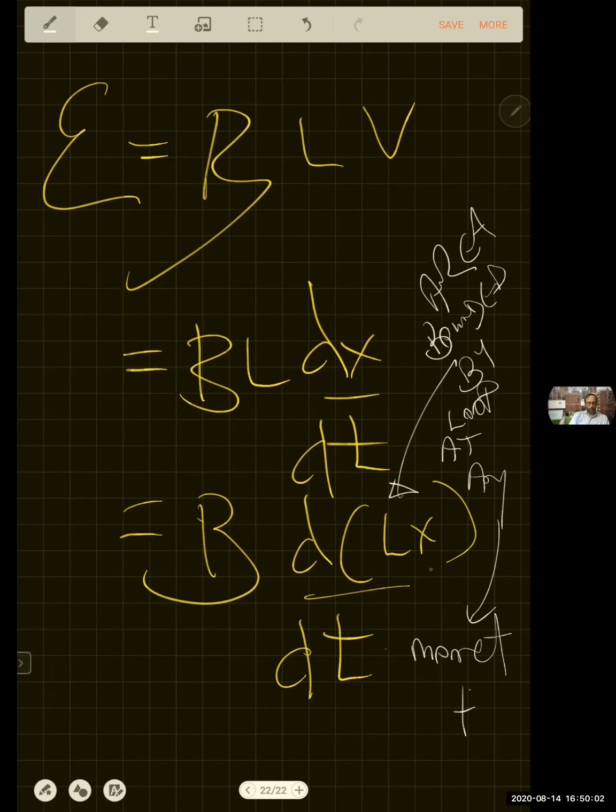It's the area of the loop, right? X is the position of the rod that is changing every moment in time. The farther out the rod is, the farther out the width of this whole rectangle is. L is one dimension of the rectangle, the length, and X is the width of that rectangle.